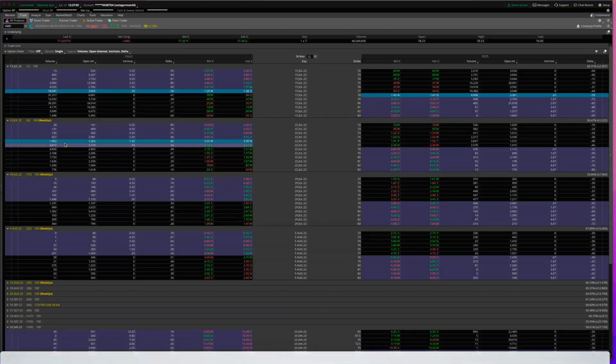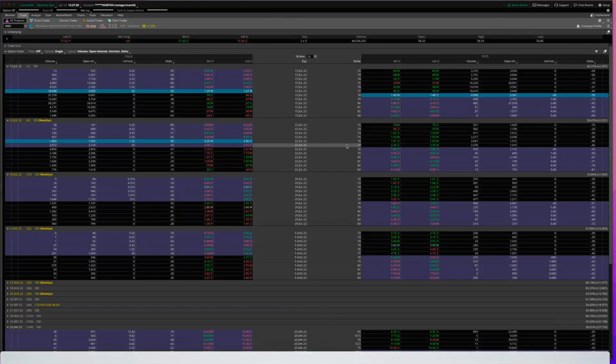So if I am looking at the AMD $77 calls, they have a delta of 0.54. Okay, so if I'm buying this option, when you buy options, they're not just a one-for-one move in the stock.